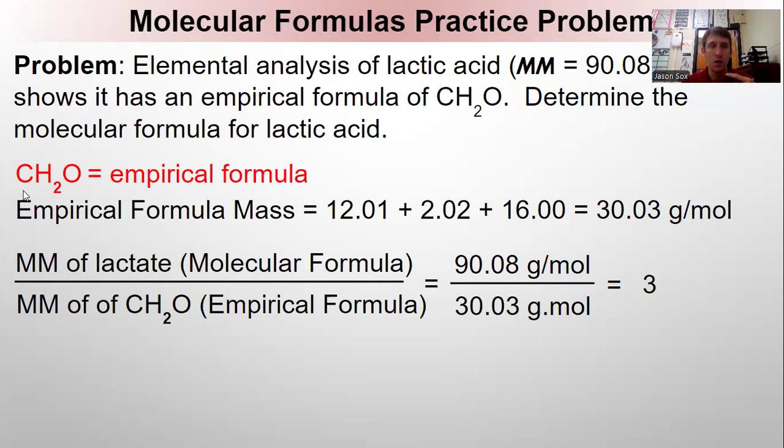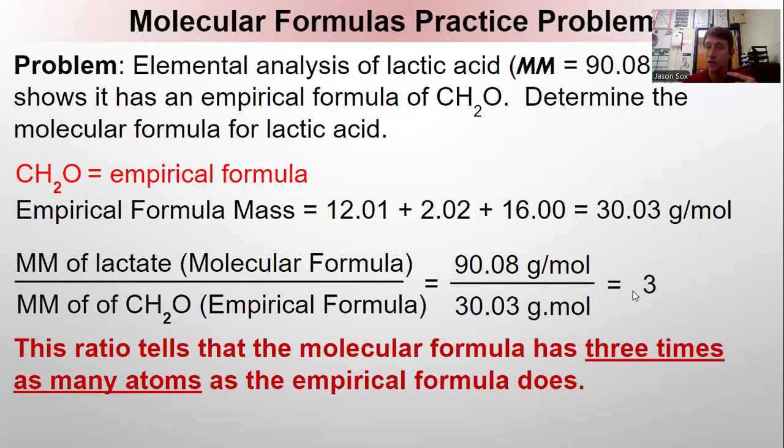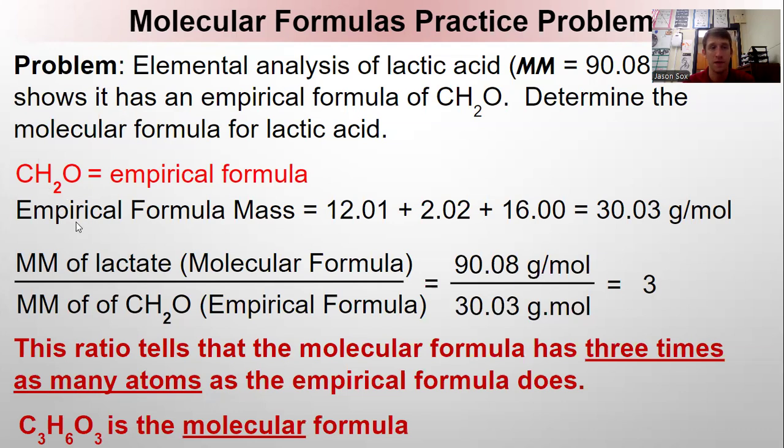So if we know the formula for the simpler version, and we know the actual compound is 3 times bigger, we can apply that ratio. We multiply all the subscripts by the ratio number, 3 in this case. So we need 3 times as many carbons, 3 times as many hydrogens, and 3 times as many oxygens. We simply multiply the subscripts by 3, and we have the correct chemical formula for the actual compound.